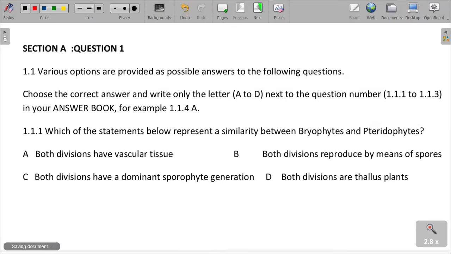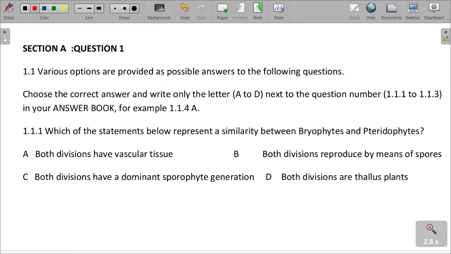I guess this has been explained again. If you go to our channel, it has been explained. Just to recap for some of you who have not yet connected, or are just connecting to Metric Hub for the first time: bryophytes are non-vascular plants, which means they do not have xylem or phloem vessels.